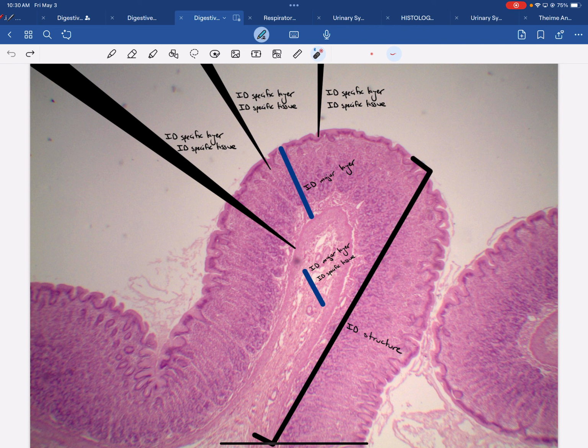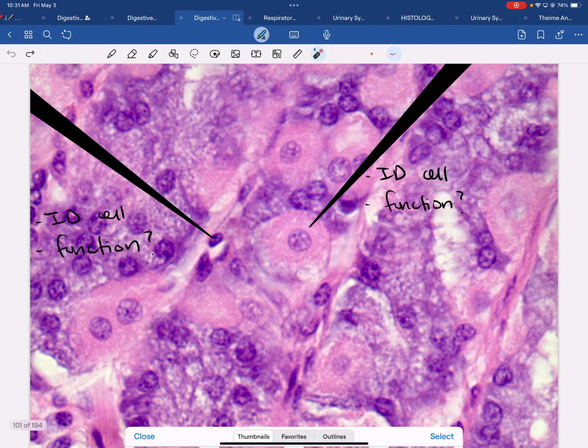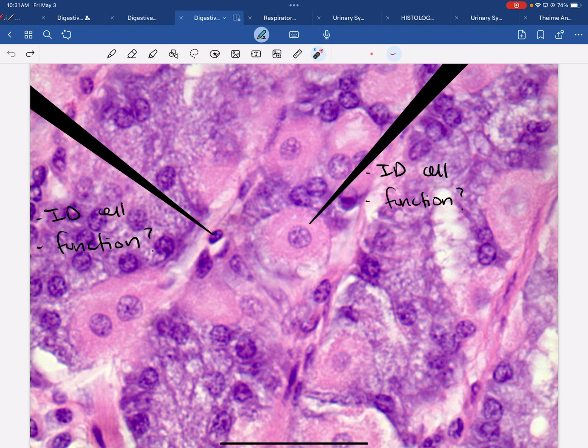Okay. All right, let's do another one. Which cell is this? Good, a parietal cell. What does it do? Good, it secretes hydrochloric acid and intrinsic factor.